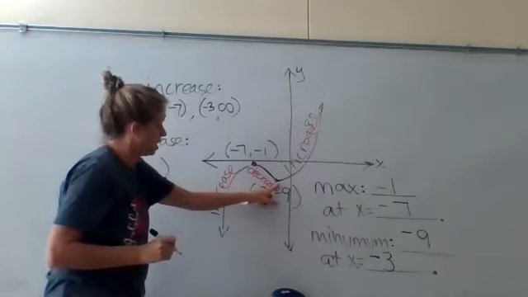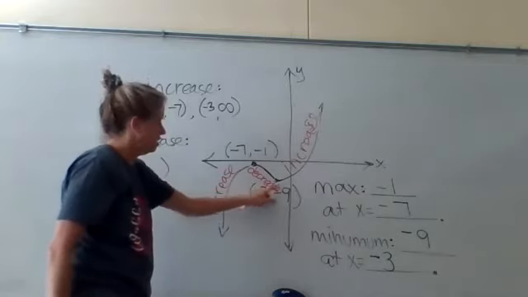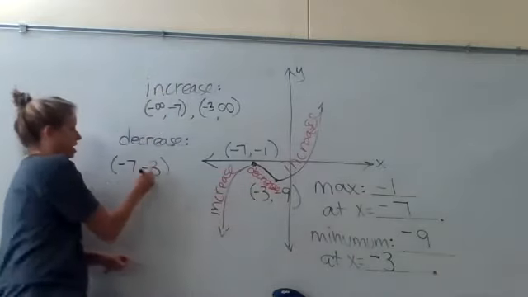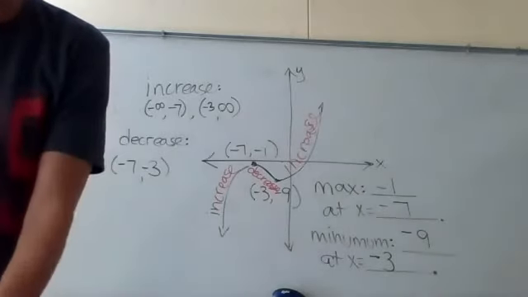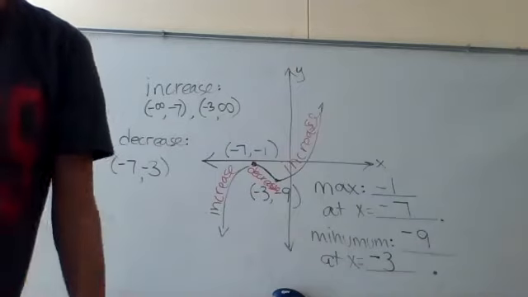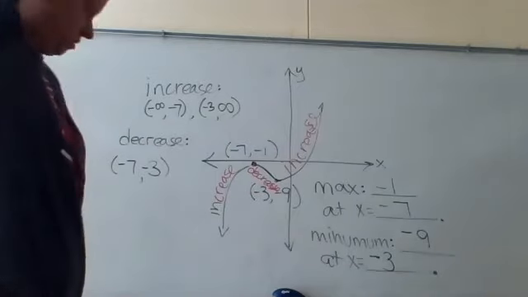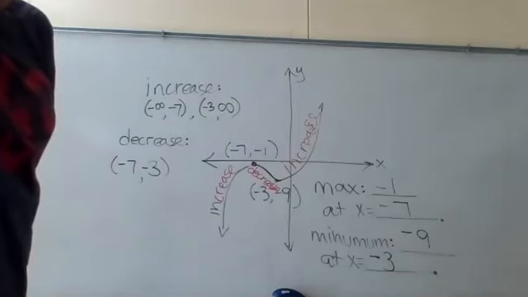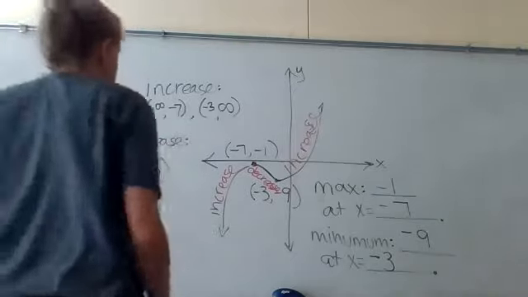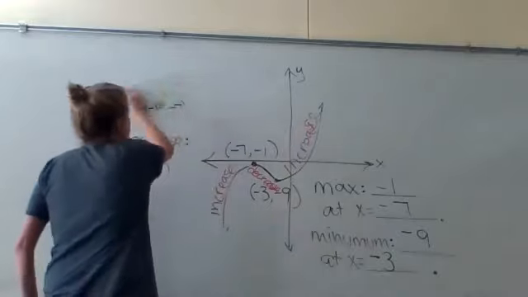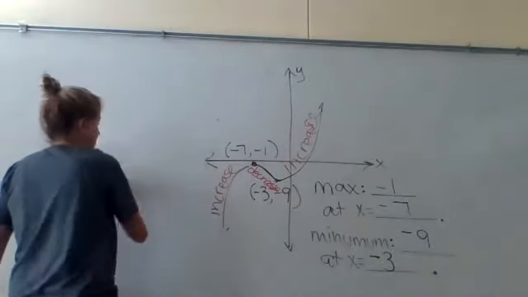And I go down until I get to this point, and its x coordinate is -3. All right, only 1 more. And the last one just asked about maximum and minimums. Doesn't talk about increasing and decreasing.